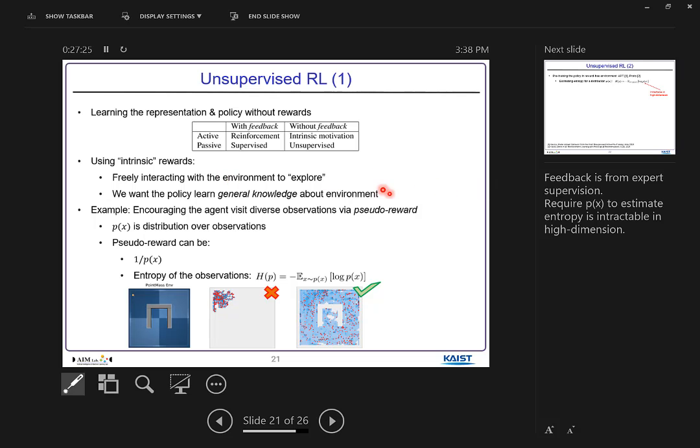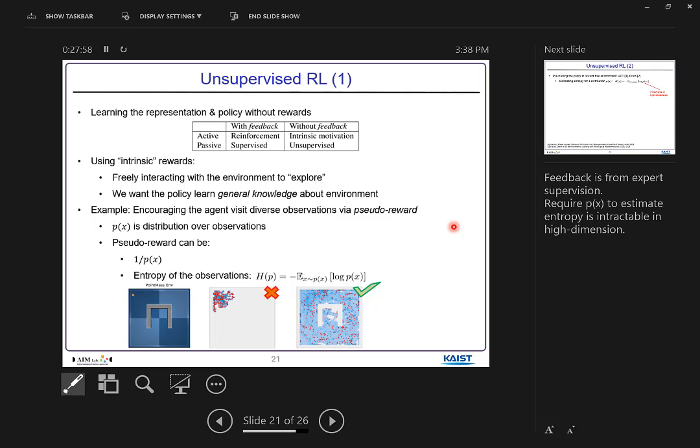So in unsupervised learning, they use intrinsic reward. This is a kind of reward that is opposite to the external reward. The extrinsic reward is the reward from the environment, and the intrinsic reward is the reward from the agent itself. How do we use that? We can freely interact with the environment to explore new things from the environment.